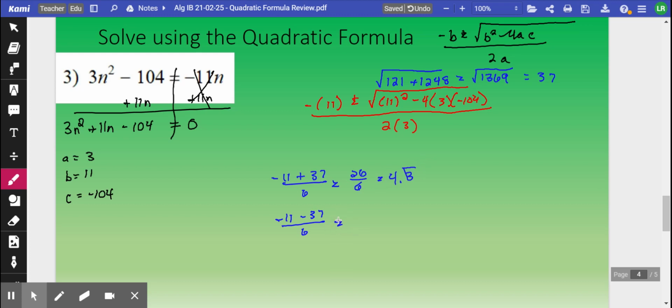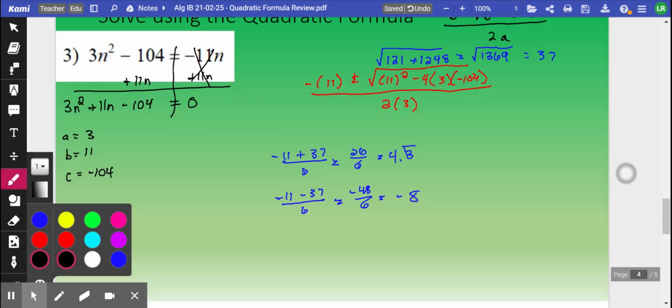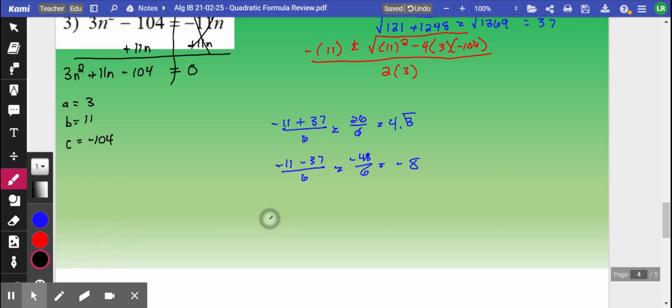The other part, negative 11 minus 37 is negative 48 divided by 6. That's negative 8. So my two answers with this particular one are 4.3 repeating and negative 8.